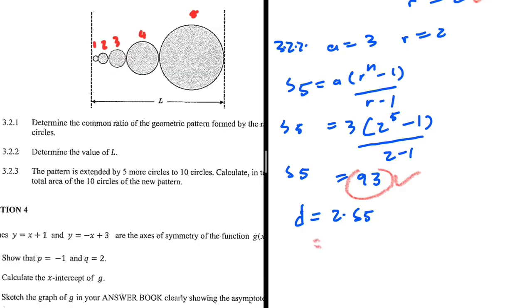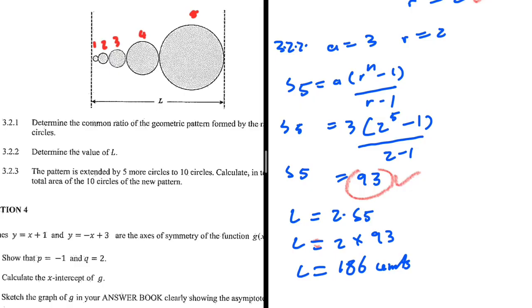So we're going to have 2 multiplied by 93. Is that 186? There we go. L, not D. Please forgive me for that. So L is equal to 186 units. We don't know which units we are using here, but L is equal to 186 units.